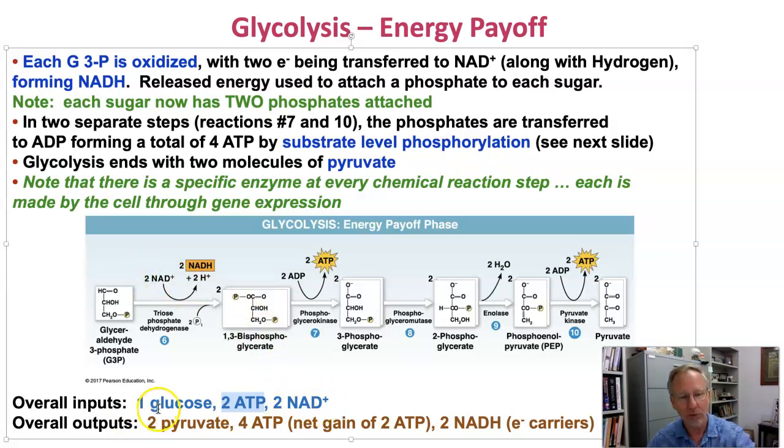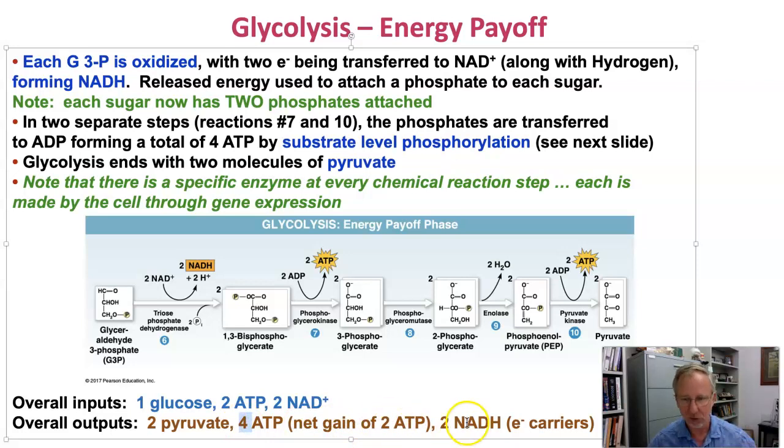What are we getting out of all this? Well, we're getting 2 molecules of pyruvate. That's an output. We're getting 4 ATPs being made, 2 here and 2 here, but we have a net gain of 2. Why? Because we invested 2 in the energy investment phase. So if you invest 2 and you get out 4, that means you gained 2.